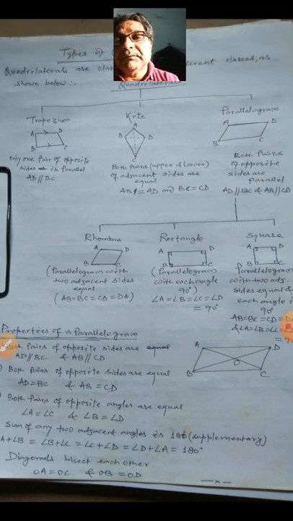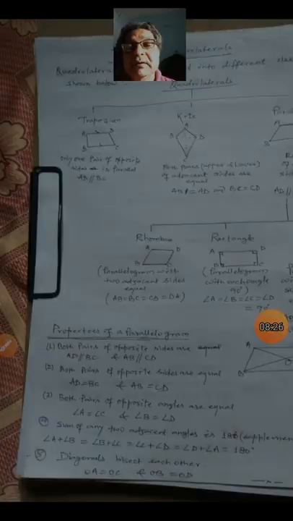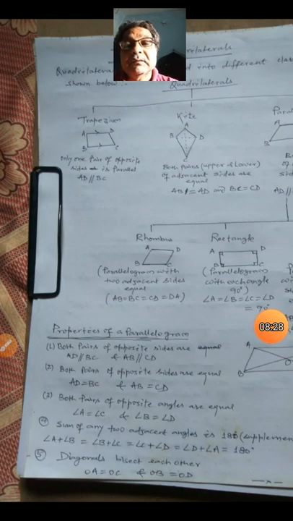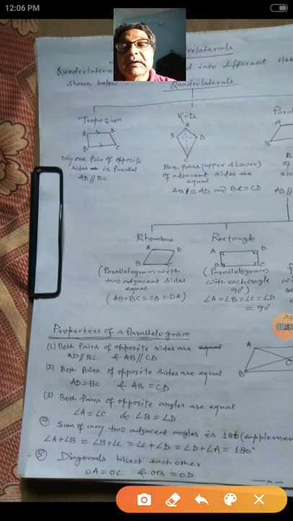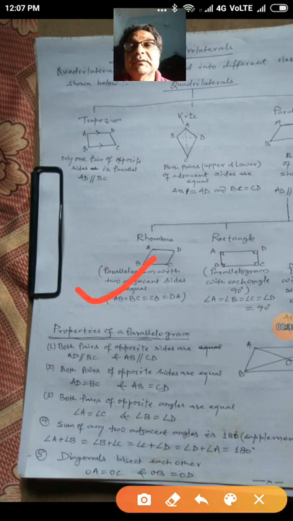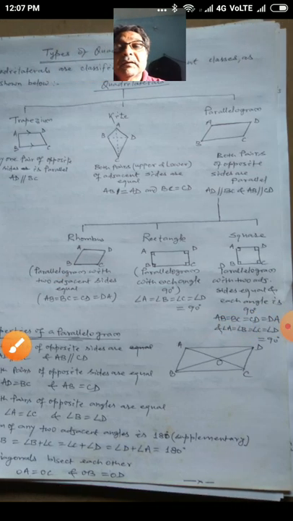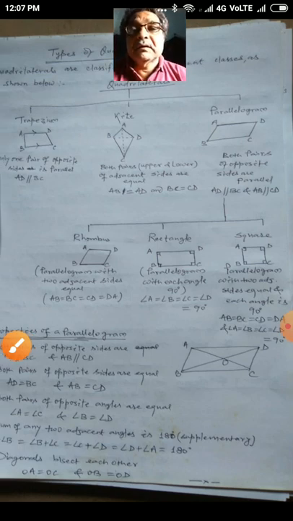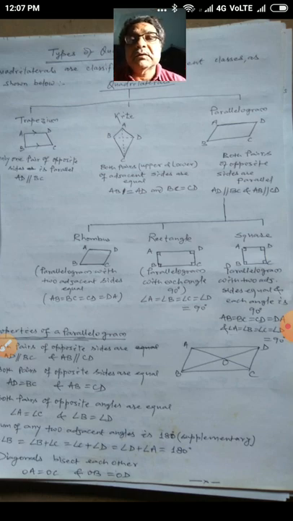So if any two adjacent sides are equal, which ultimately means all the four sides are equal, then such a parallelogram whose all four sides are equal, that parallelogram is called rhombus. So rhombus is defined how? A parallelogram whose any two adjacent sides are equal, or you can say a parallelogram whose all four sides are equal.